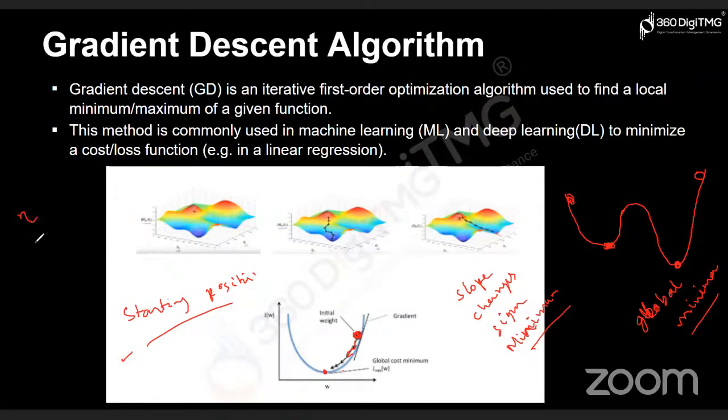If the learning rate is set too high, then it might never converge to the minima. It might jump from here to here, here to here, and it might never converge. So we should not set our learning rate too high or too low.